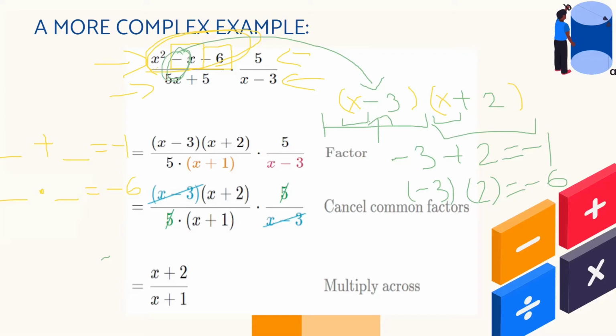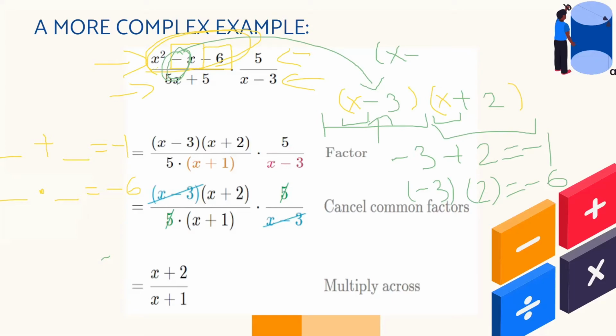Whatever sign you had in here, that should be the sign for your first parenthesis. So if you know it's x minus, one of the numbers is going to be minus. So what should you do to the other number so that it adds to -1 and multiplies to -6? If the product is negative, I know one of the numbers has to be positive and the other has to be negative, because positive times negative gives me a negative.